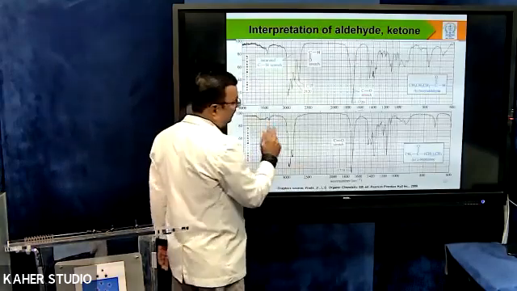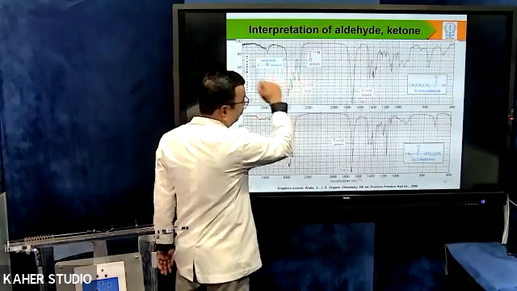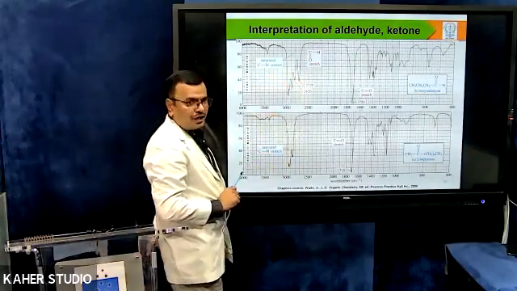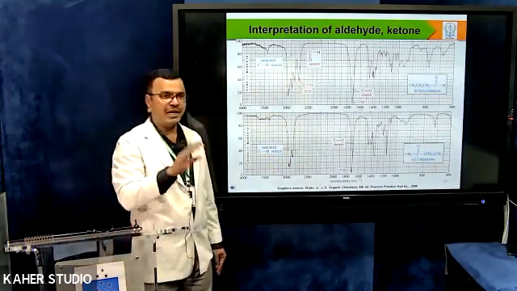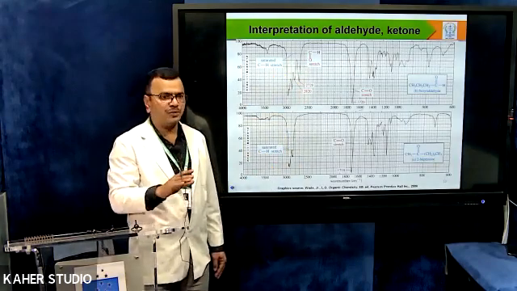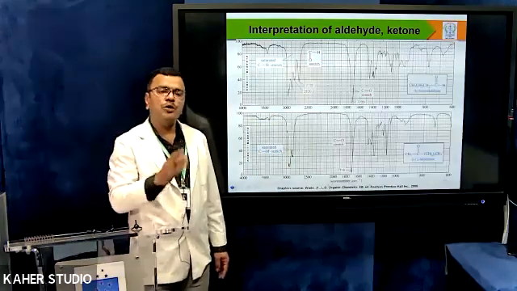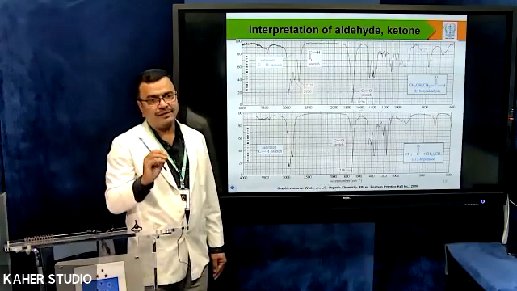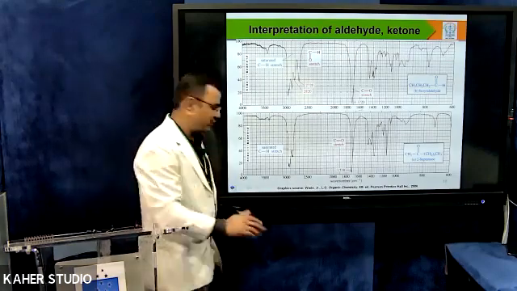Whereas the CH stretch that I observe in an aldehyde, I am not going to observe in a ketone. This is the take home. What is the major difference between the aldehyde and ketone? In a ketone, I am not going to get the CH stretch observable at 2700 to 2850 reciprocal centimeter, which is absent in a ketone. But what is common at 1720 to 1680 reciprocal centimeter is the carbonyl carbon stretch.